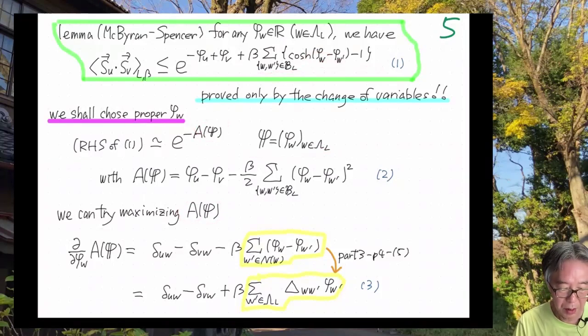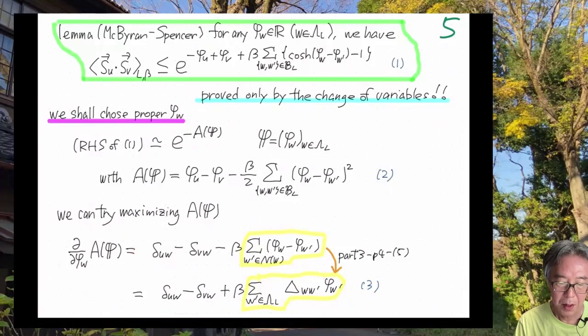So I differentiate A(phi) by phi_w, and you just compute. You get this delta function and Kronecker delta and this. And by recalling the definition of the lattice Laplacian, you can rewrite it in this form.